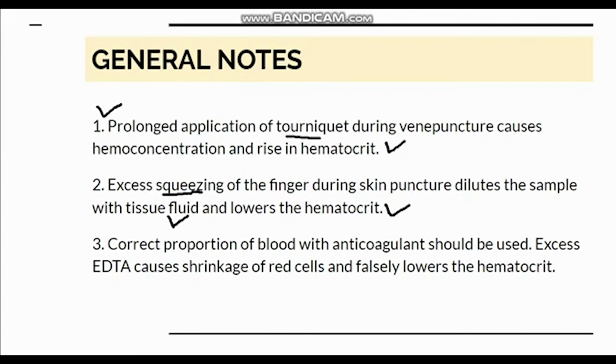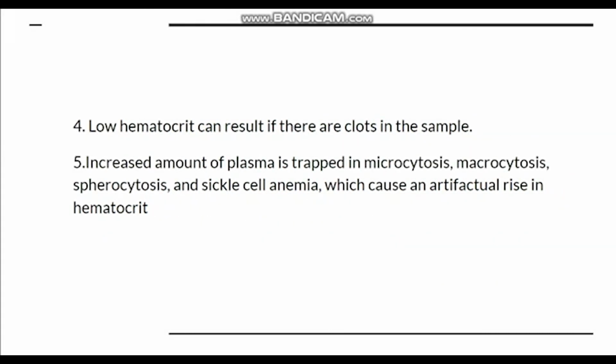Also, whenever we determine the PCV, we have to ensure the blood to anticoagulant ratio is proper. Excess EDTA will cause shrinkage of the red blood cells, and it will falsely lower the hematocrit. So these are the things we have to think about if the PCV is deranged.